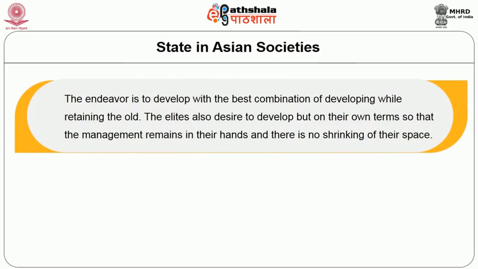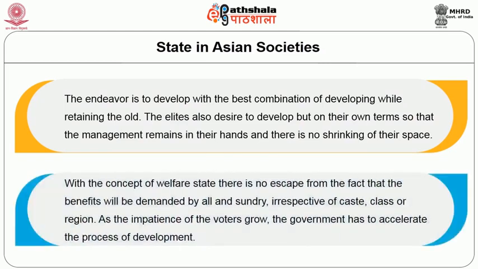The elites also desire to develop, but on their own terms, so that the management remains in their hands and there is no shrinking of their space. With the concept of the welfare state, there is no escape from the fact that the benefits will be demanded by all and sundry, irrespective of caste, class and region. As the impatience of the voter grows, the government has to accelerate the process of development.